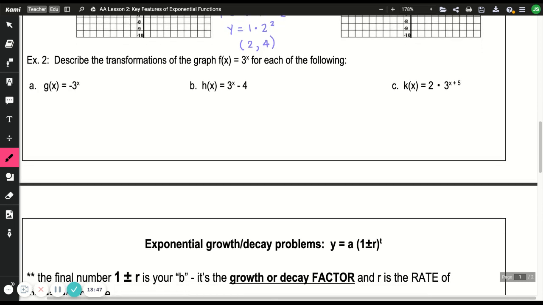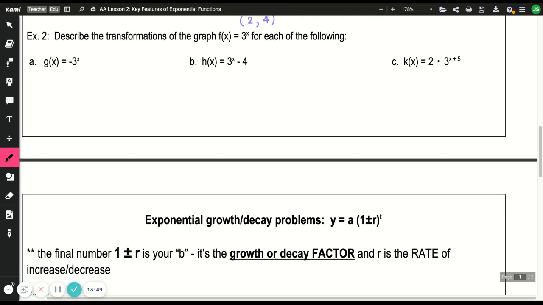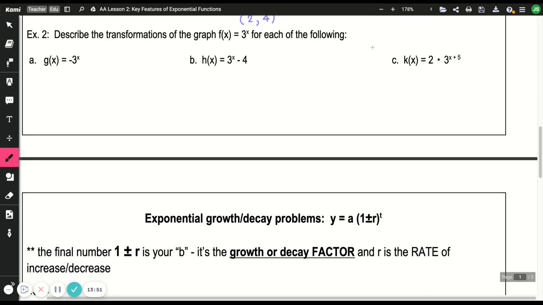So this next section, we're describing transformations. Okay, and we could expand the formula to look like this with transformations.